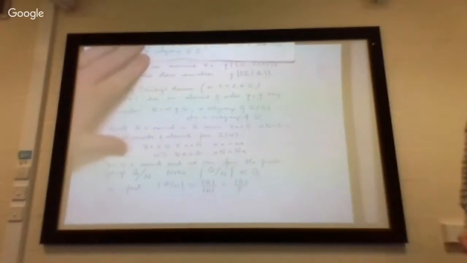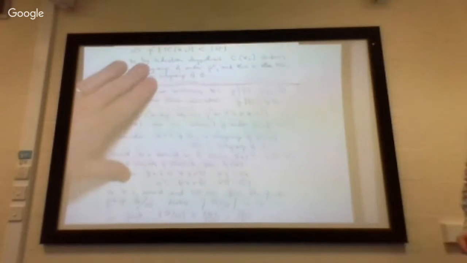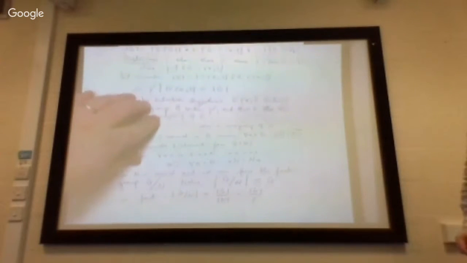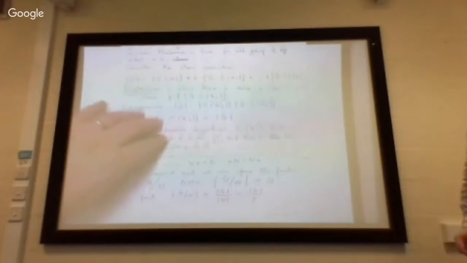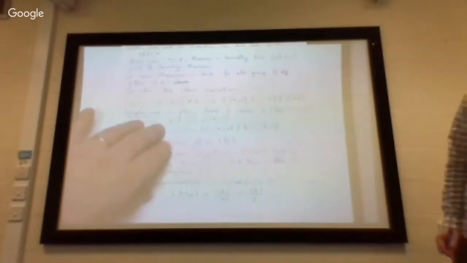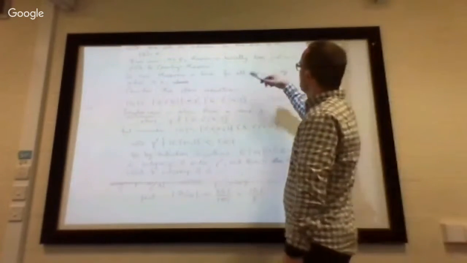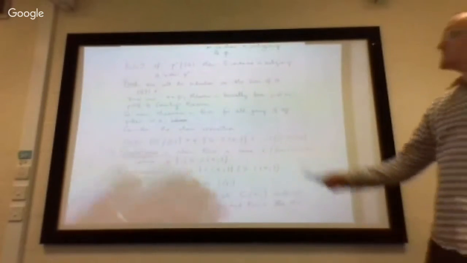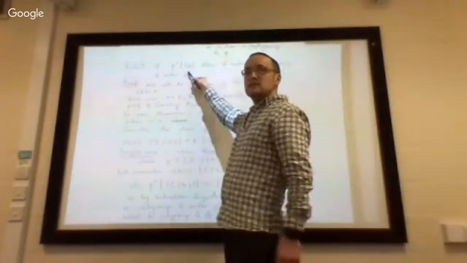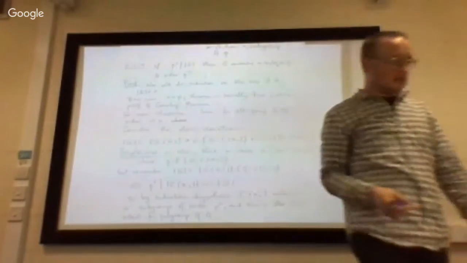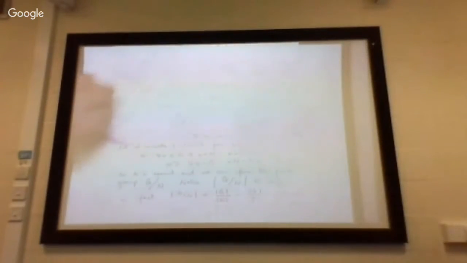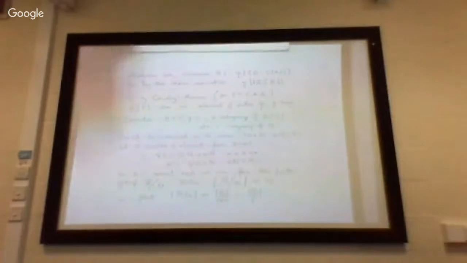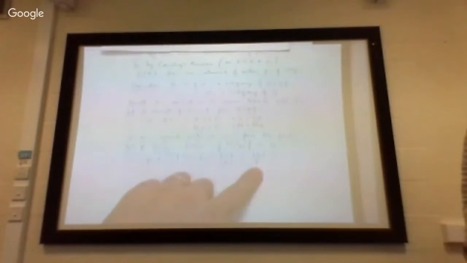In the statement of the theorem, we're assuming that p to the r divides the size of G. But the factor group has size |G| divided by p.